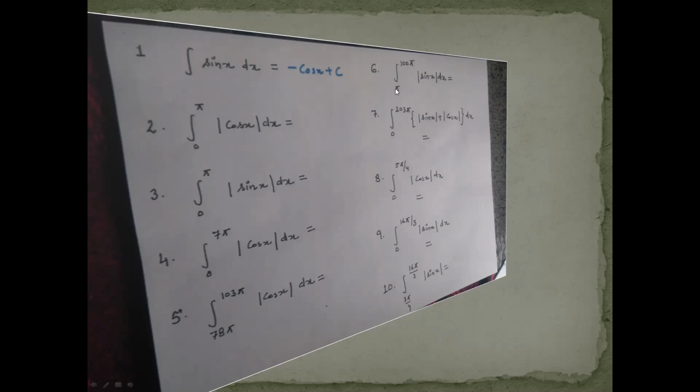Sixth question, pi to 100 pi of modulus of sine of x dx, 0 to 203 pi modulus of sine of x plus modulus of cos of x, 0 to 5 pi upon 4 modulus of cos x dx, 0 to 16 pi upon 3 modulus of sin x dx. Last question, 3 pi by 4 to 16 pi upon 3 modulus of sine of x dx. So let us discuss them one by one.